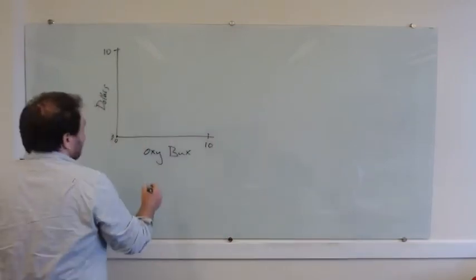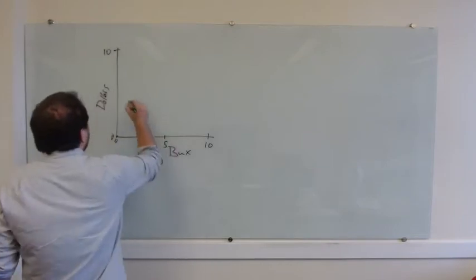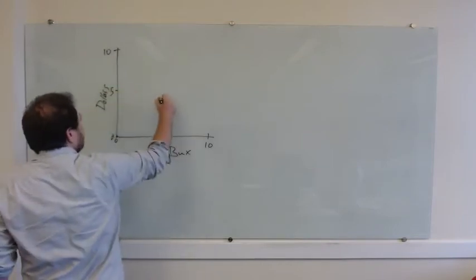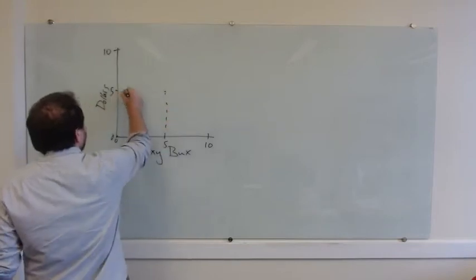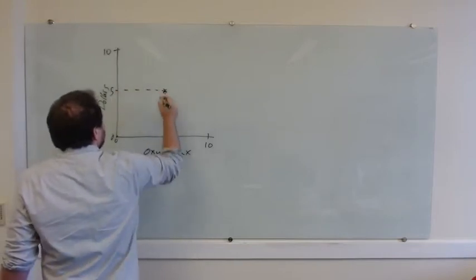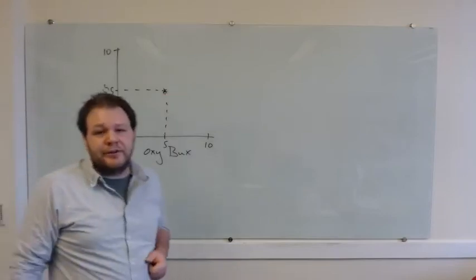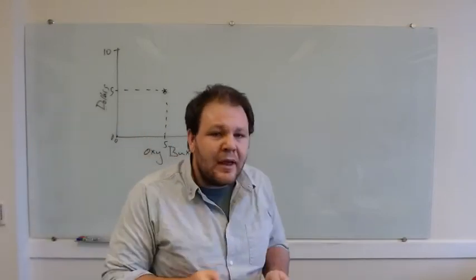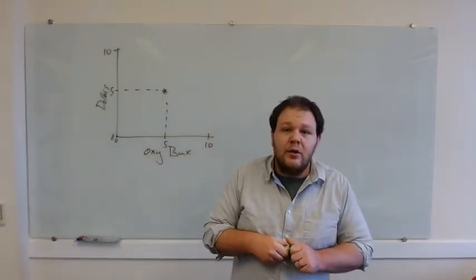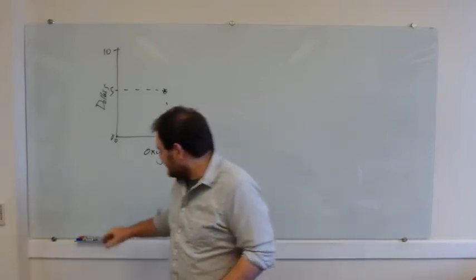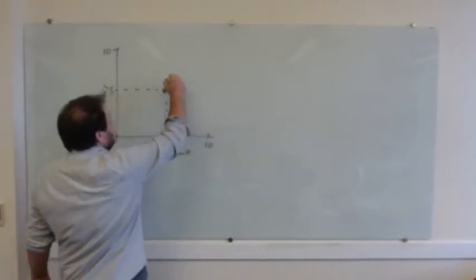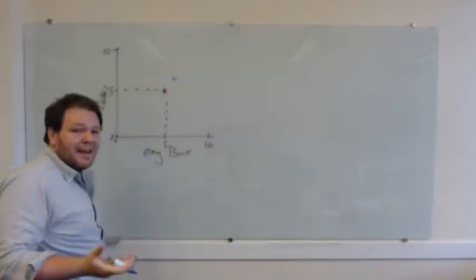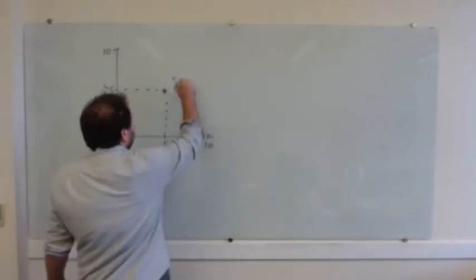So let's imagine that I wanted to know what are all the combinations that I like better and that I like worse than $5 and $5. Now, I think we can probably all agree, because more is better definitely applies in this case, that anything where I get more than $5 and more than $5 is going to be better.